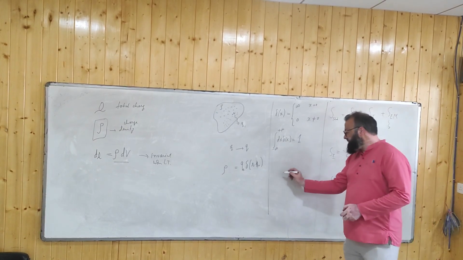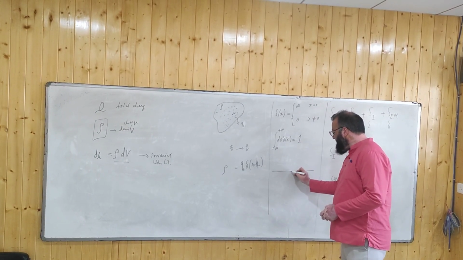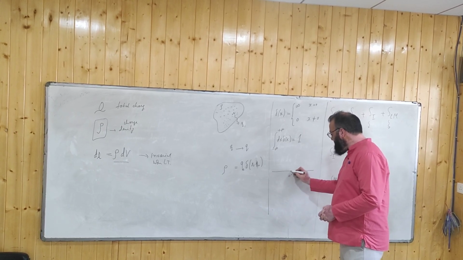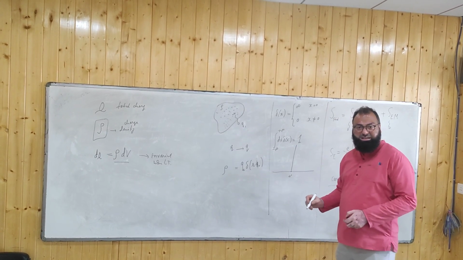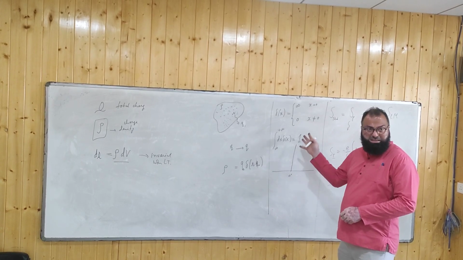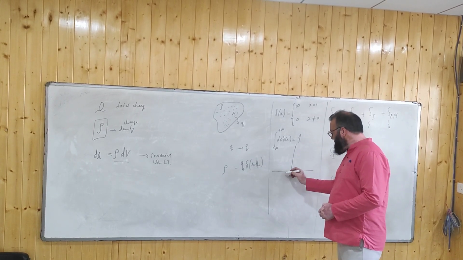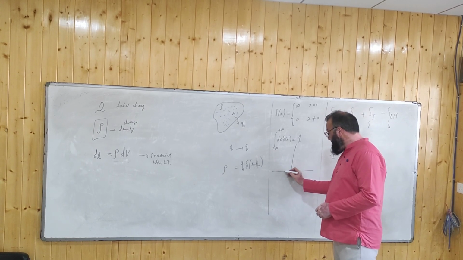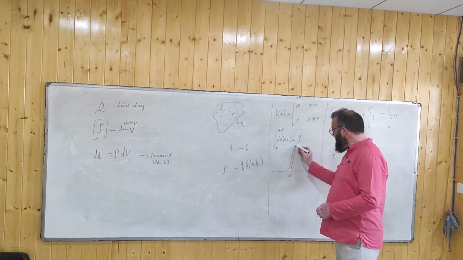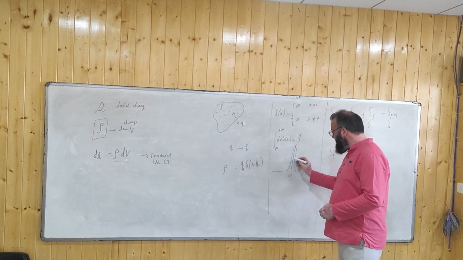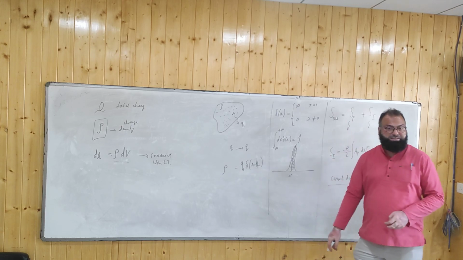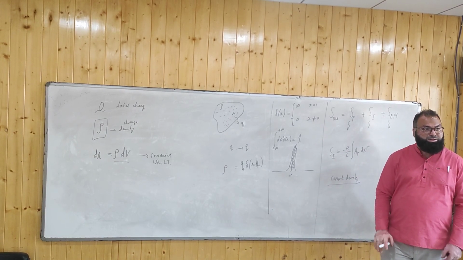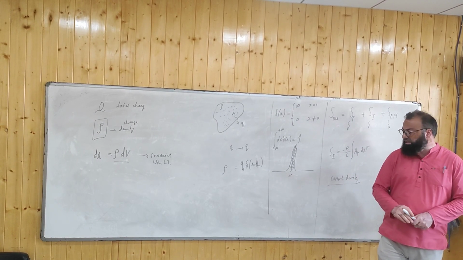At x equal to 0, you can think of it as a spike, a singularity. You just approximate it by a certain function in the neighborhood of this point, such that the area under this curve is identity. Got it? This is how we define the Dirac delta function.